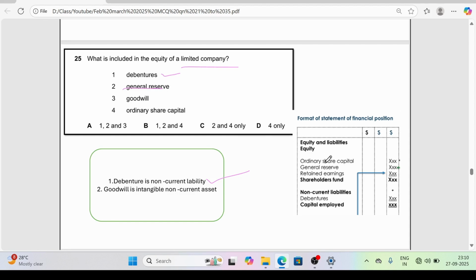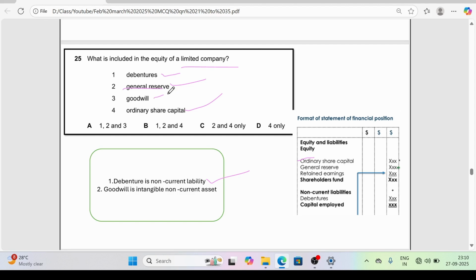Here I have already given the extract format of a limited company. Equity and liabilities section, have you seen this? Ordinary share capital is there? Yes, it's there. General reserve, yes, it's there. Retained earnings option is not given. So general reserve and ordinary share capital are there.